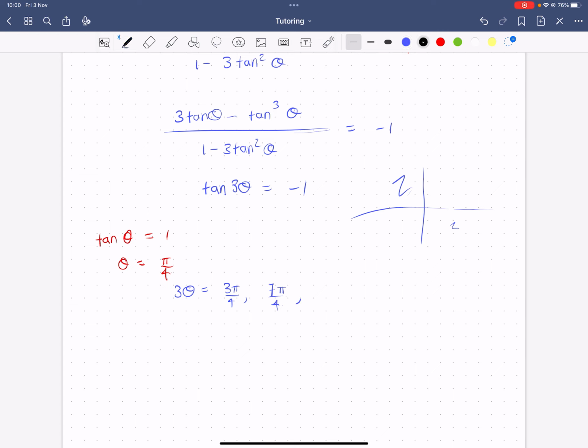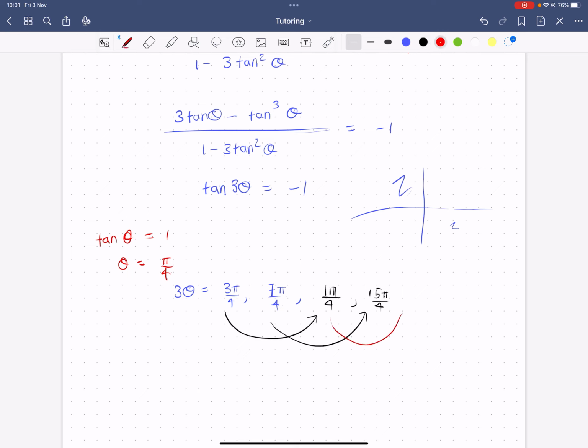Remember though, we're going to add 2 pi to both of those answers, so 3 pi on 4 plus 2 pi, we get 11 pi on 4. 7 pi on 4 plus 2 pi is 15 pi on 4.